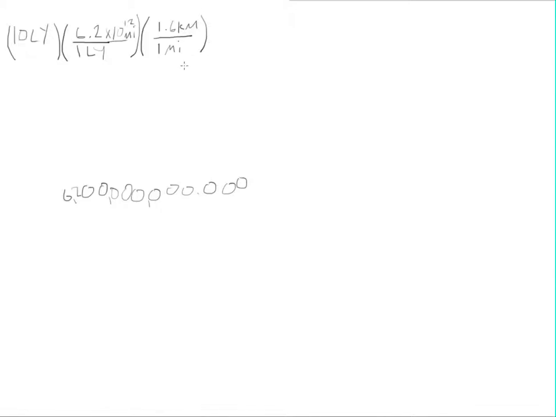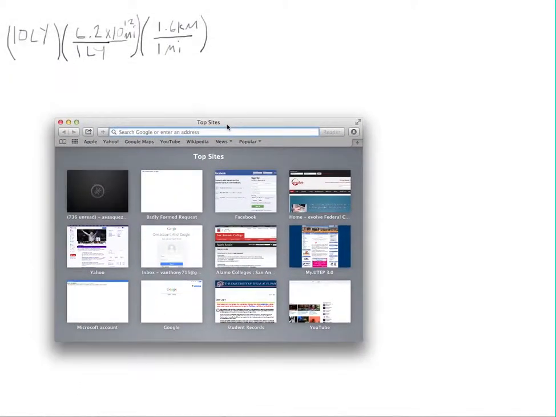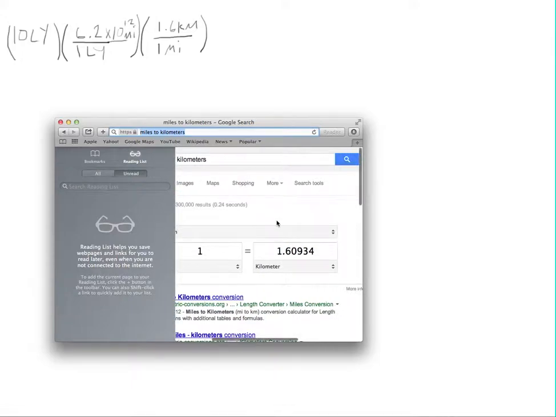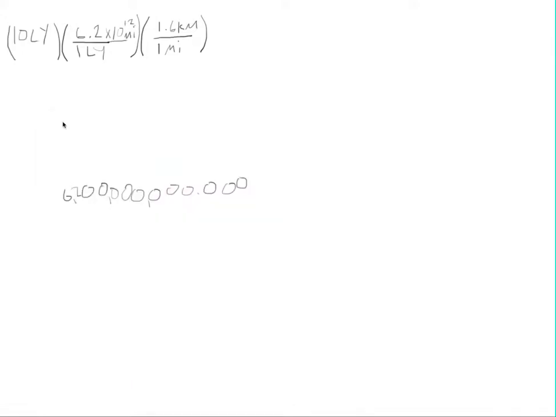Now, let me make sure. Every 5 kilometers is what, 3.2 miles or something like that. Well, who cares? Let's look it up real quick. There it is, right? So 1 mile is equal to 1.6. Good. Let's just keep it at that.